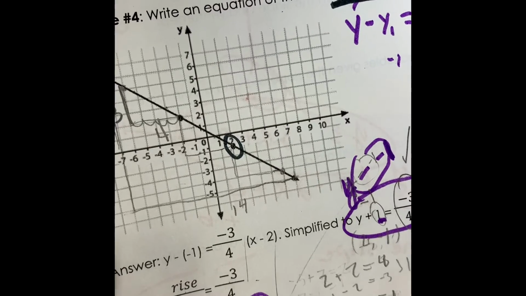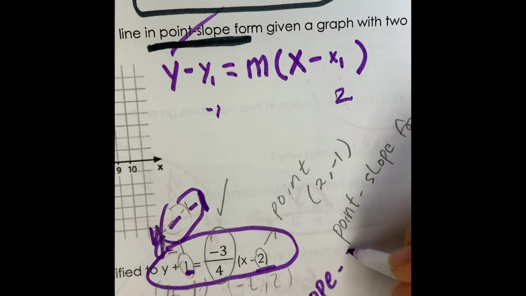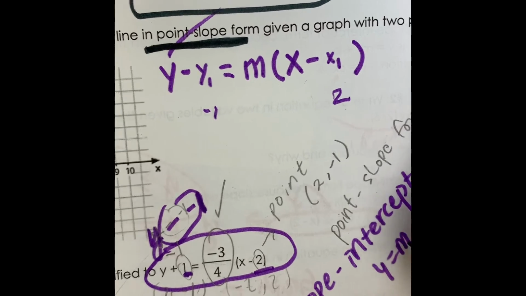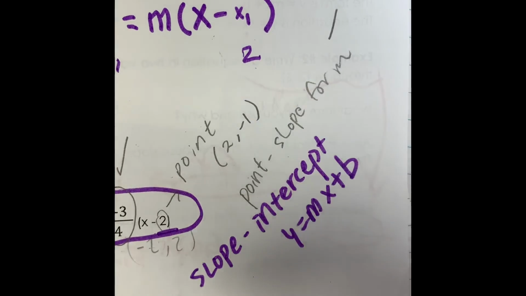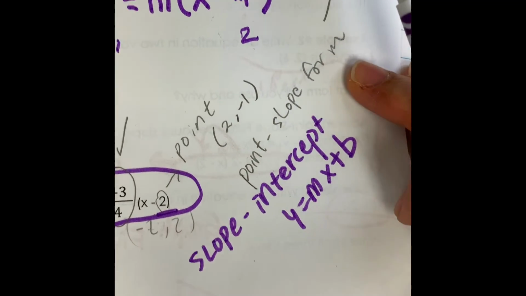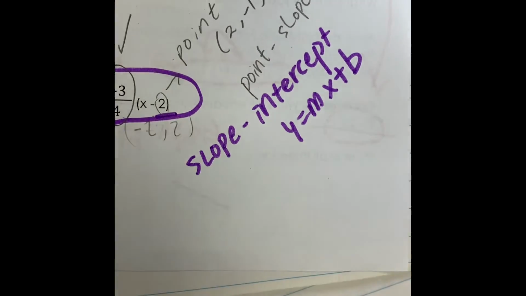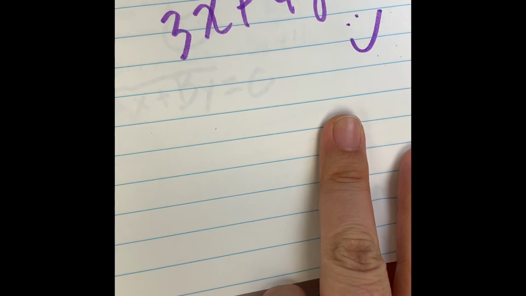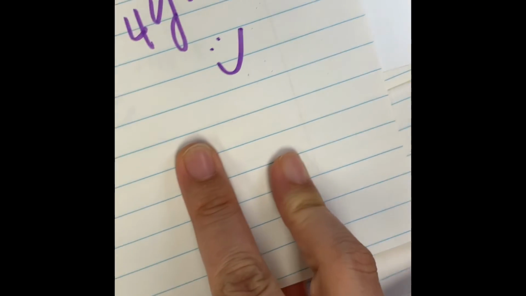You still need to give a slope intercept, which is y equals mx plus b. So using the information we have, 3x plus 4y equals 2, how can you make this y equals mx plus b? That's the question.